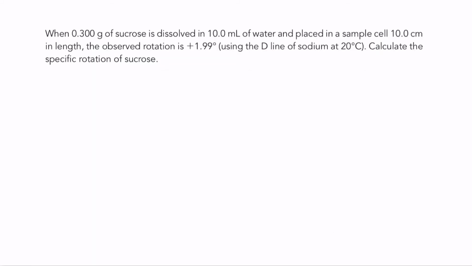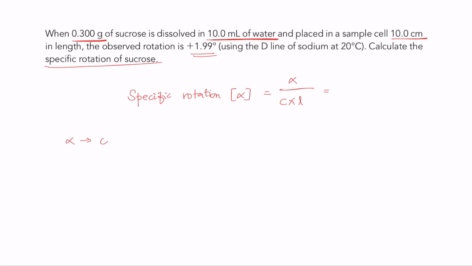Here the problem is: 0.300 grams of sucrose is dissolved in 10 ml of water and placed in a sample cell 10 centimeters in length. The observed rotation is 1.99 degrees. Calculate the specific rotation of glucose. So let's write down the values that are given. First write down the formula for specific rotation: specific rotation is alpha divided by c times L. Alpha here is the observed rotation.